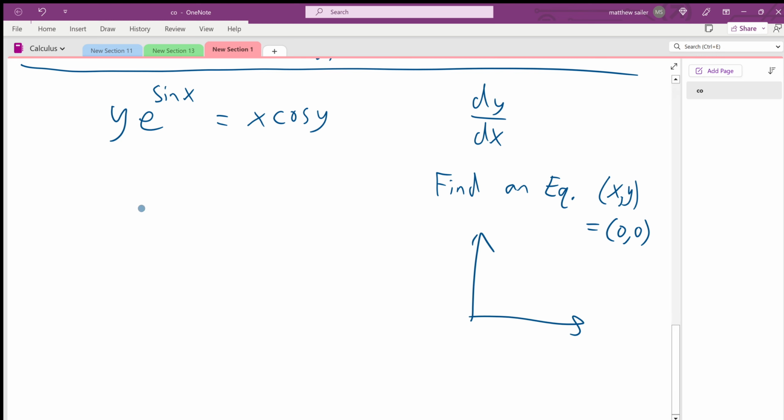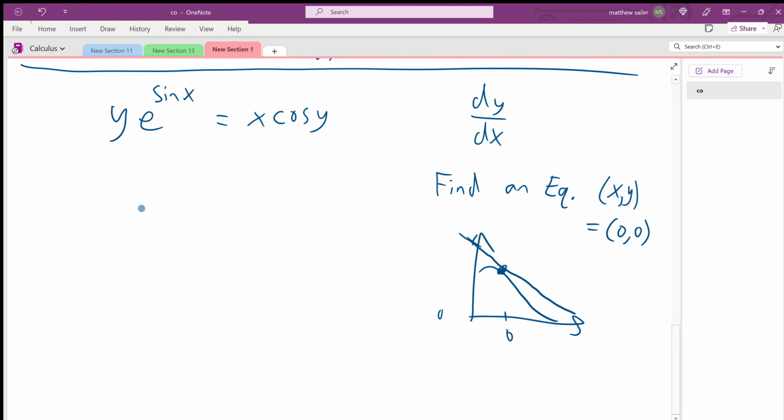Just as a reminder, if we have some curve, we find the slope of that line by taking the derivative. That line has an equation defining it, and this is going to help us find the equation of that line if this was the point 0, 0 for some reason.